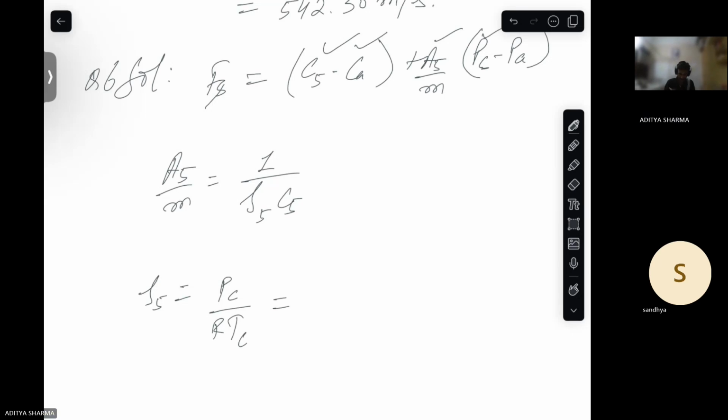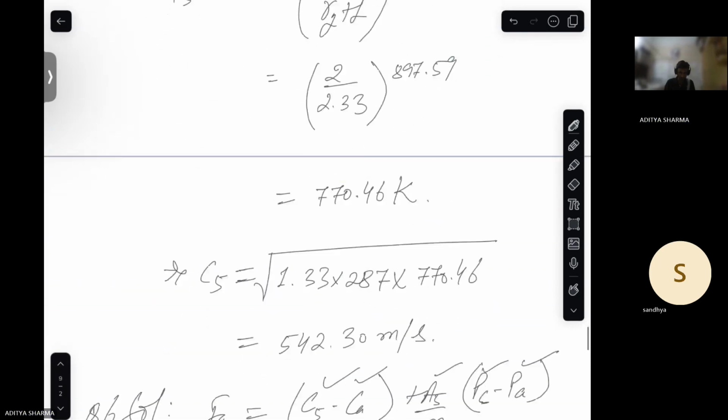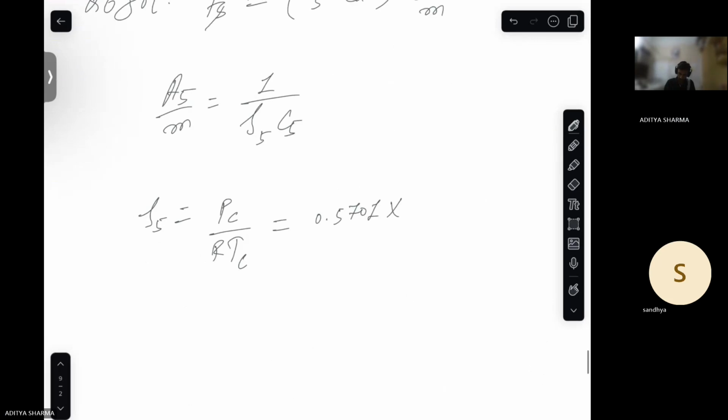P is equal to rho RT using this formula. PC we don't have, so just calculate PC also.